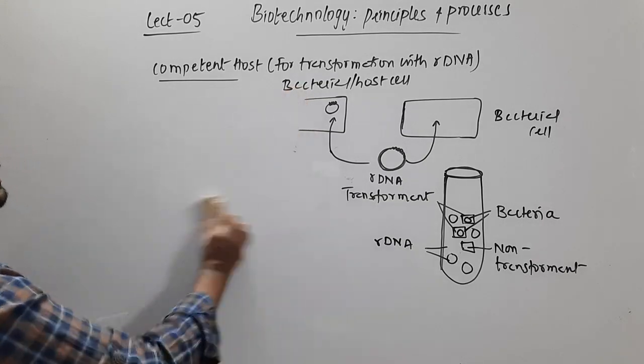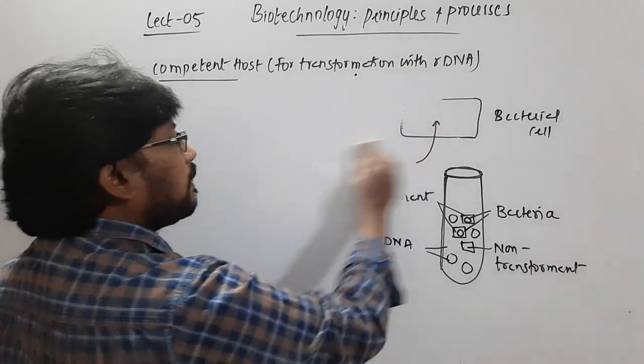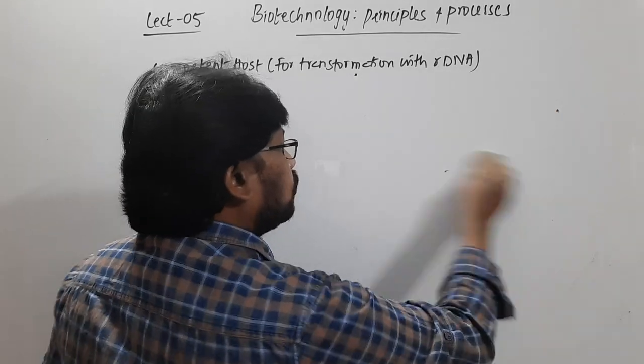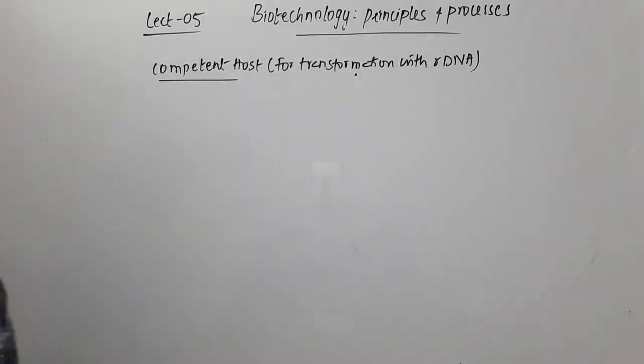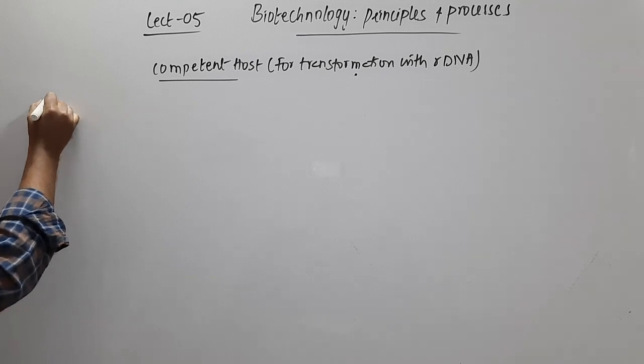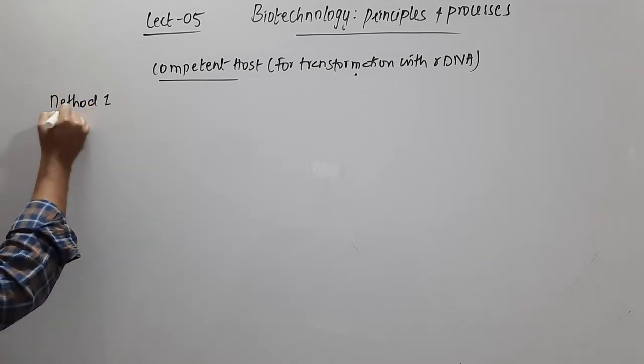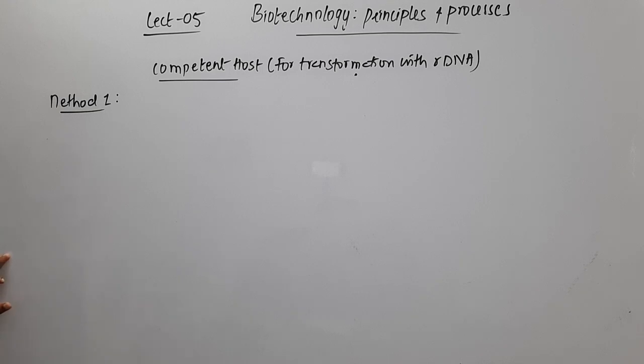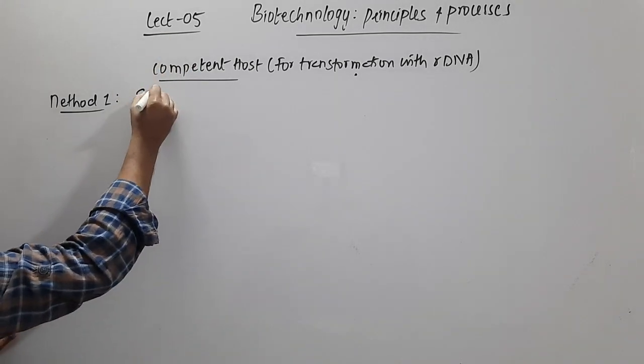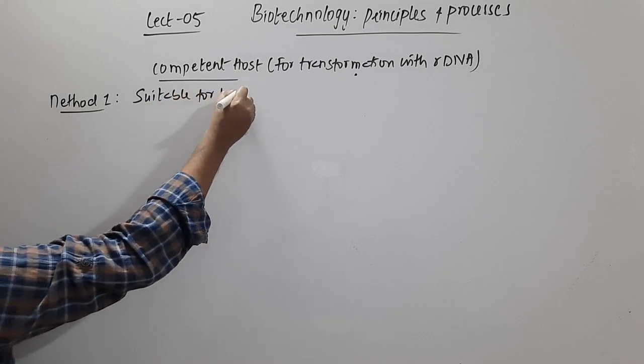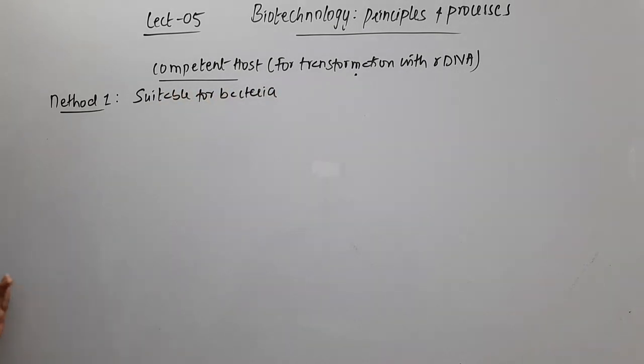Now let's look at all those methods to make the host cell take up the rDNA. So let's see method 1. This method 1 is suitable for bacteria. What I'm going to do in this method is, first I'm going to treat the bacterial cells with a divalent cation like calcium.